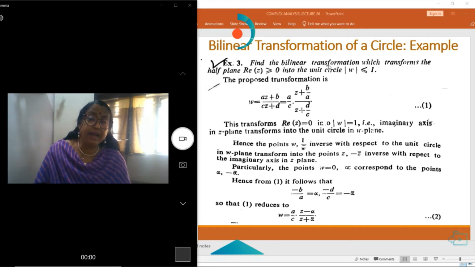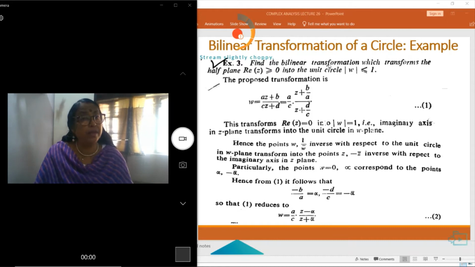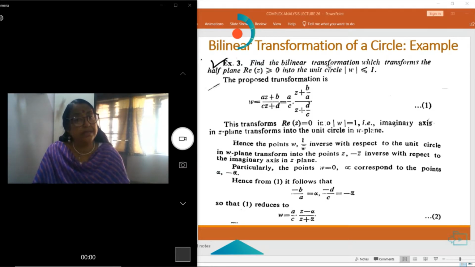Here, the real axis means, in the z plane, the x-axis, but in the w plane it is the x-axis, that is the u axis.